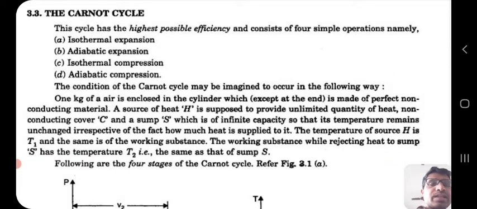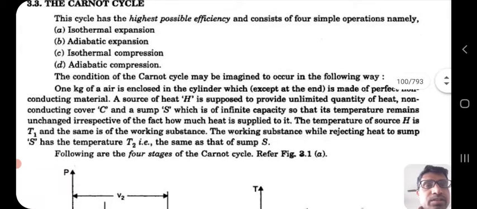The Carnot cycle. This cycle has the highest possible efficiency and consists of four simple operations, namely isothermal expansion, adiabatic expansion, isothermal compression, adiabatic compression. Isothermal expansion: 1 kg of air is enclosed in the cylinder which is made of perfect non-conducting material.